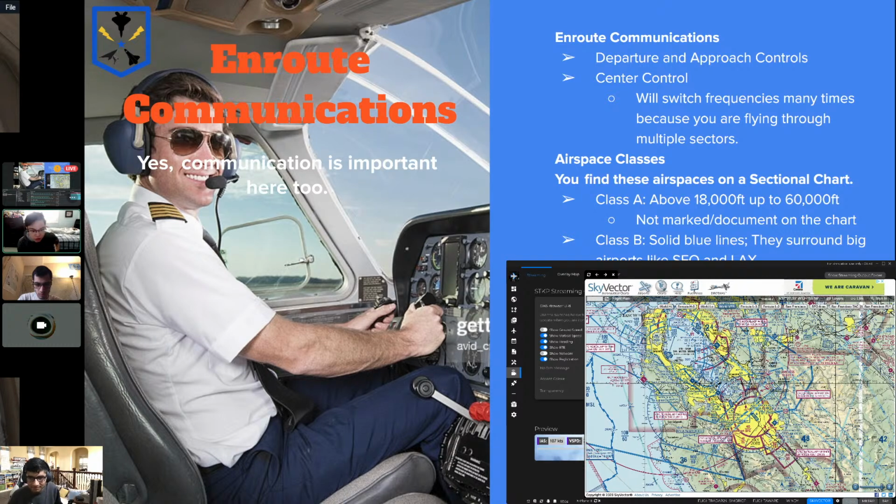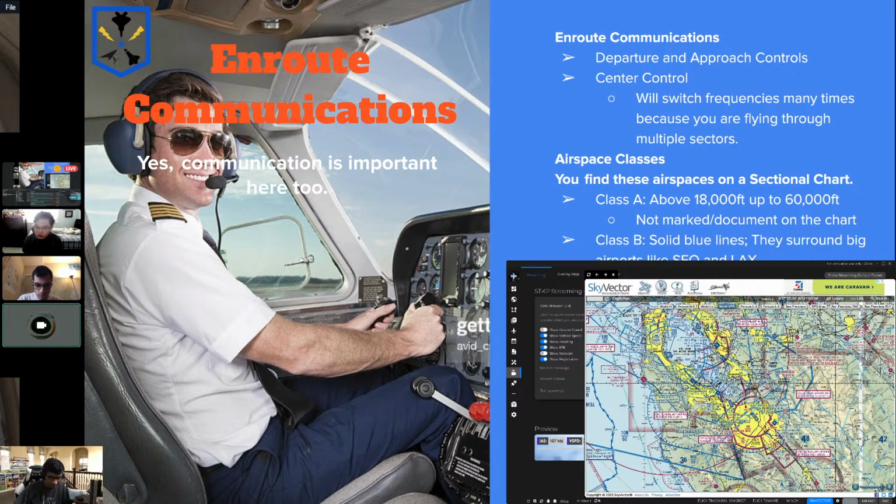Most general aviation aircraft like a Cessna do not fly up to 18,000 feet, so most pilots do not have to worry about Class Alpha. And that's the transition altitude, right? Yes. So Class Alpha starts at 18,000 feet and goes up to 60,000 feet, so flight level 180 to flight level 600.